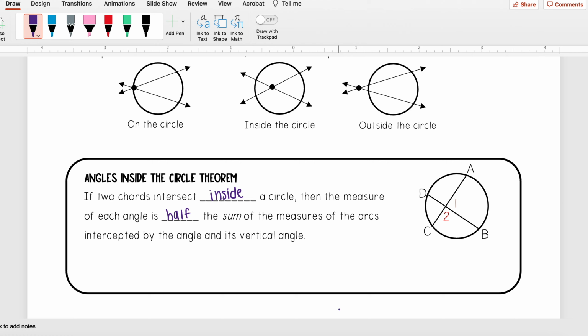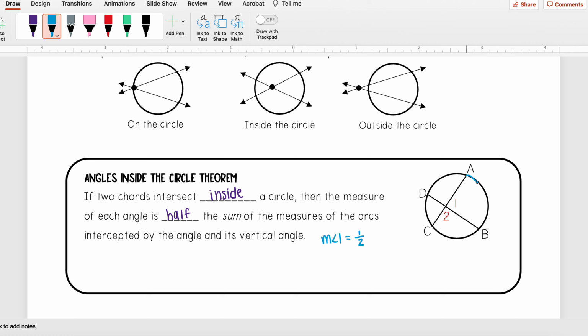and its vertical angle. And so let's go through that with this diagram here of the different equations that we can get. So first, if we were wanting to find the measure of angle 1, what this theorem is telling us is that the measure of angle 1 is going to equal 1/2 the sum of the arcs intercepted by the angle.